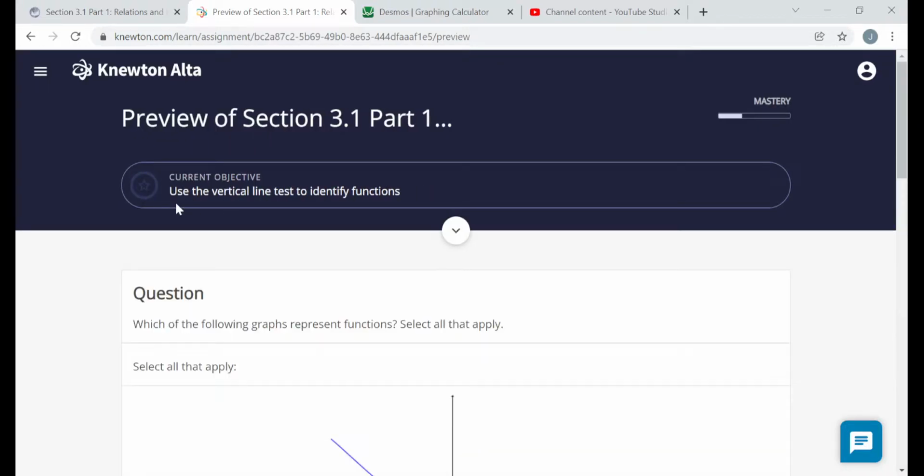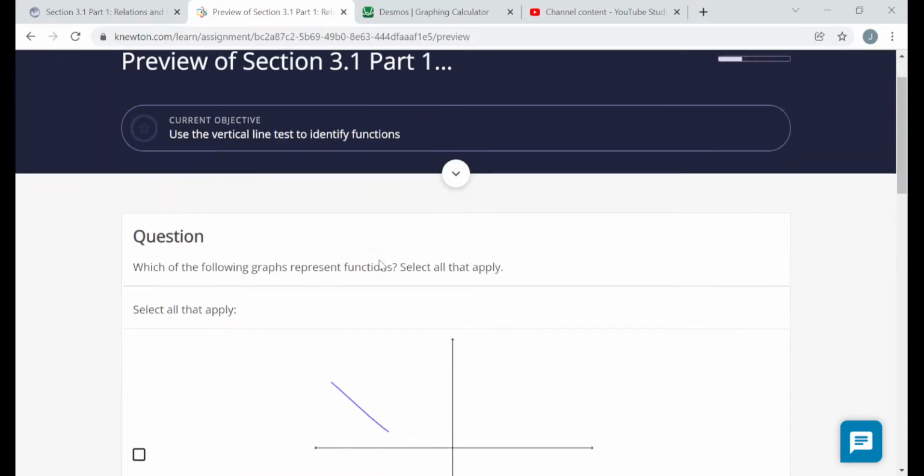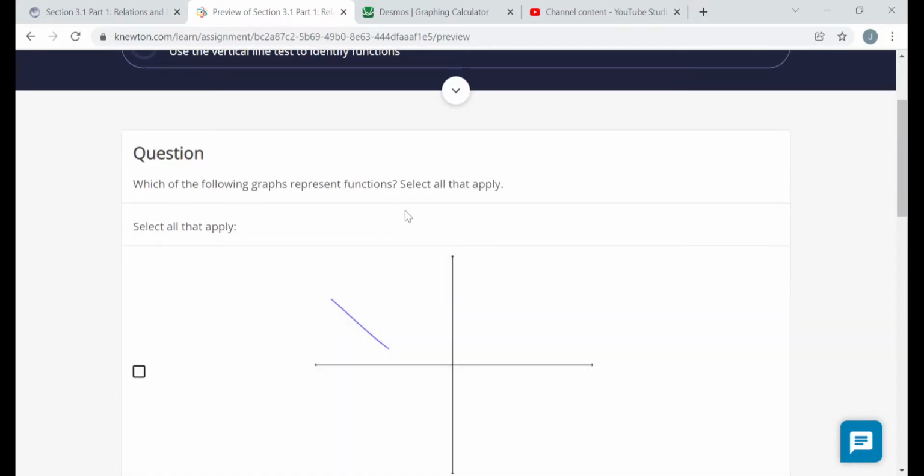All right, so this is use the vertical line test to identify functions, right? So far, the functions we've been seeing have had 4 ordered pairs, 5 ordered pairs, 6 ordered pairs, whatever. But most of the functions you're going to be seeing in the rest of the course, and that you've seen already, you've actually seen examples of functions, I think they just weren't called functions before.